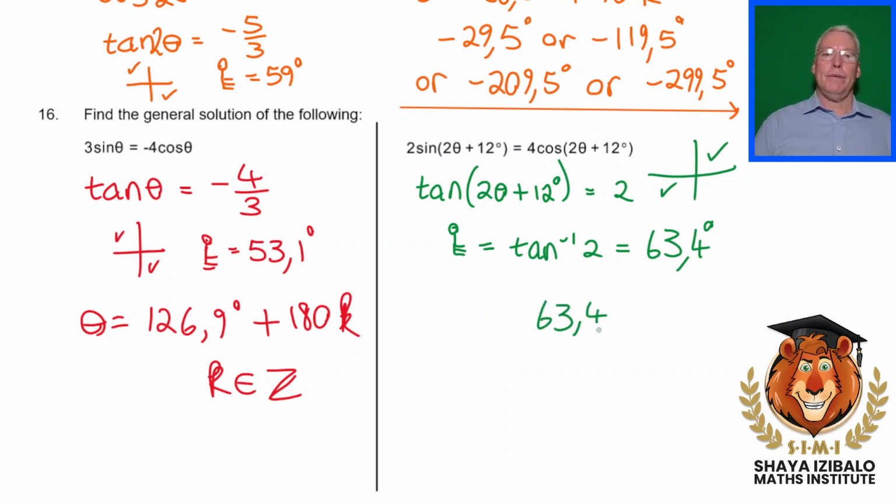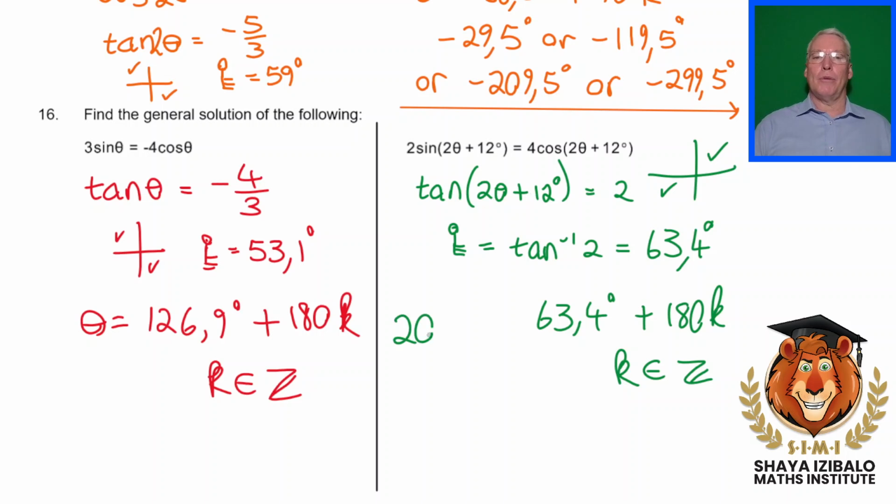63,4 plus 180k. And remember, k is an integer. Now, the last thing we need to realize is that our angle is actually 2 theta plus 12. So now we write 2 theta plus 12 is that, and now we solve.